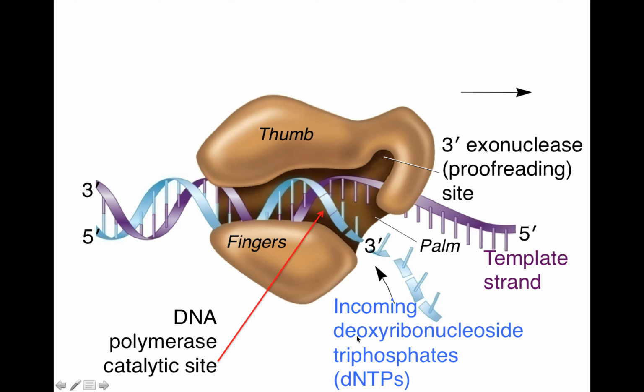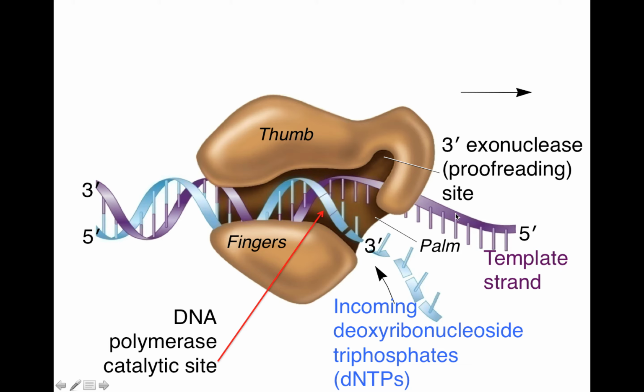This is a model of a DNA polymerase. If you hold your right hand up in front of the screen with the fingers pointed up and slightly to the left, or down and slightly to the left, your thumb up in the air and your fingers curled up, your hand will be another model of DNA polymerase. Here's our DNA, the newly synthesized DNA in the light blue, and our template DNA here.